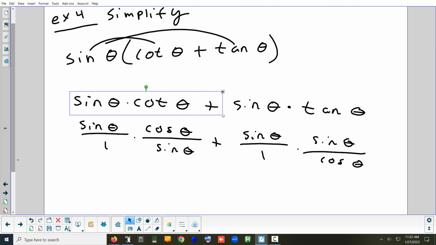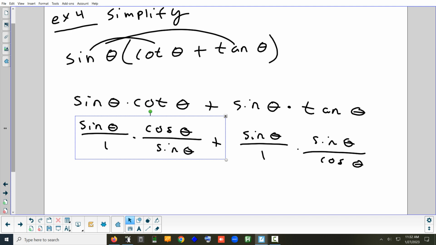Sines cancel out. Which ones? The left side of the addition. Yes. You can cancel if you have the same trig function in the top and the bottom of a multiplication sign. You cannot cancel trig functions in the top and the bottom across an addition sign. That's multiplication, so that's okay to do.